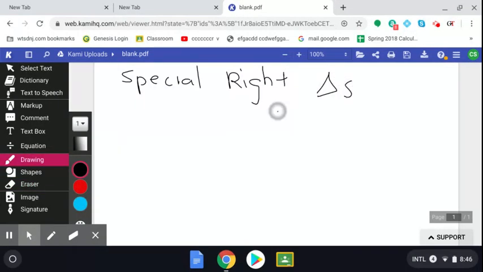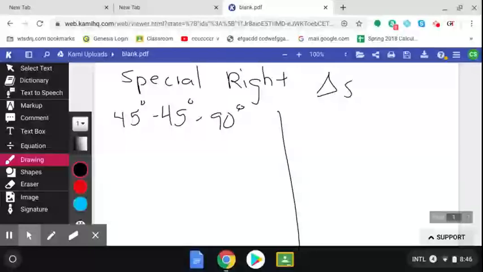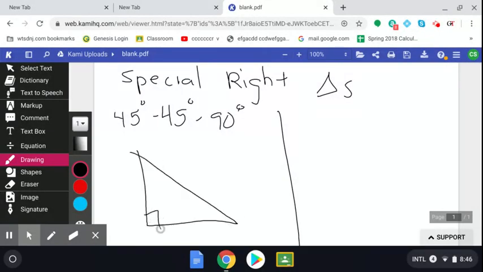One of the special right triangles is called a 45, 45, 90 triangle, and those refer to angles. So what that means is that two angles are the same measure, 45, 45, and the other angle is a 90-degree angle.